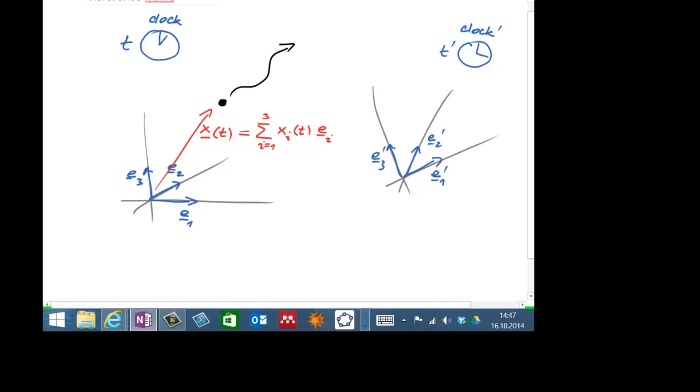And then, of course, for your colleague, the motion looks perhaps totally different, because your colleague observes how the coordinates of the body change in time, and since he or she has a totally different reference frame and different clock, the motion can look totally different in principle.